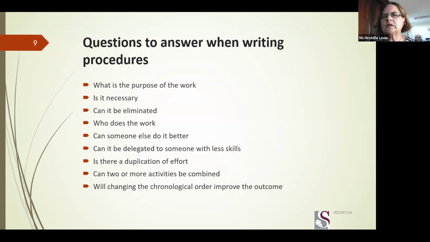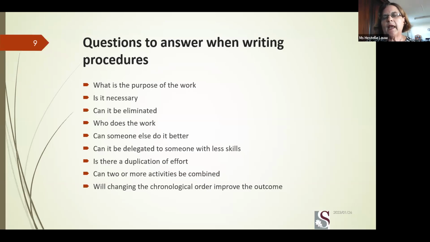Why do I want a SOP for that specific procedure or activity? What is the purpose of that? And then, is it really necessary, or don't we need it? Can we just inform the staff without having to create a SOP? And can it be eliminated, that SOP, so that you don't need it?